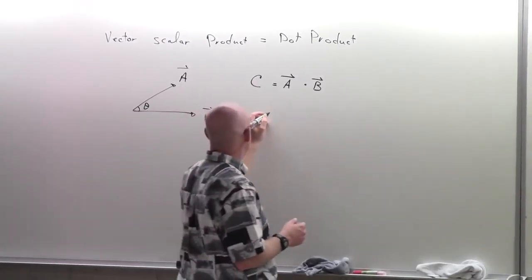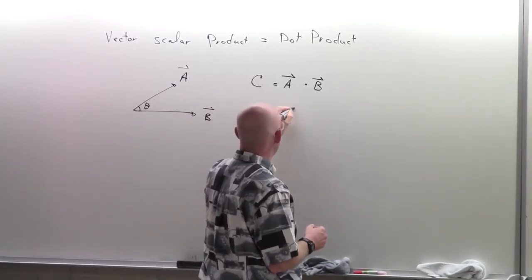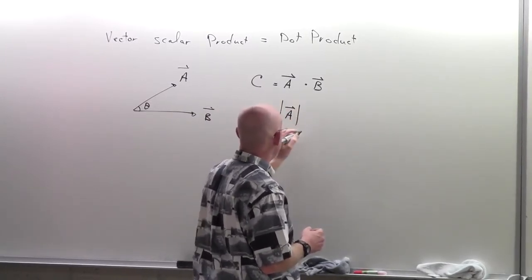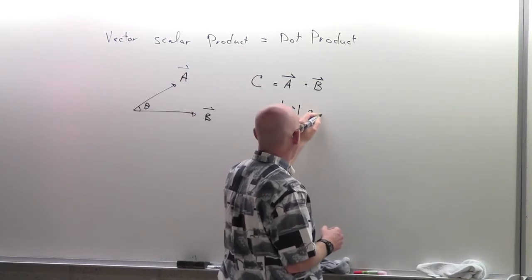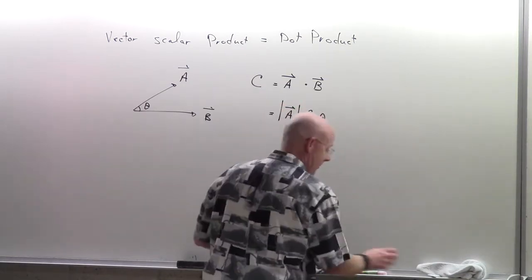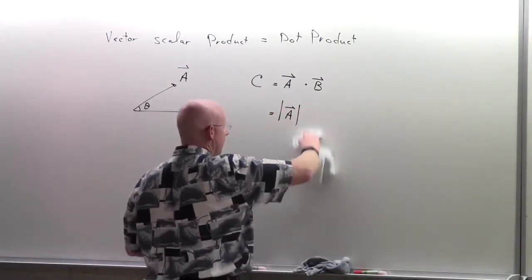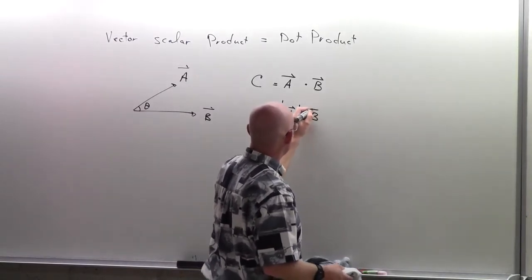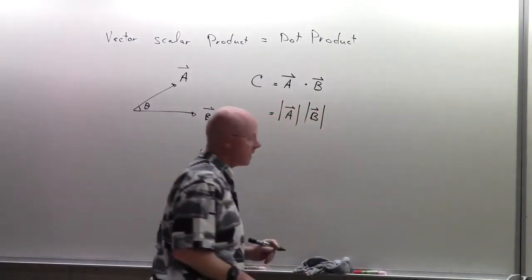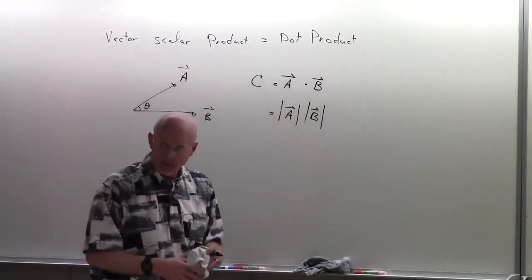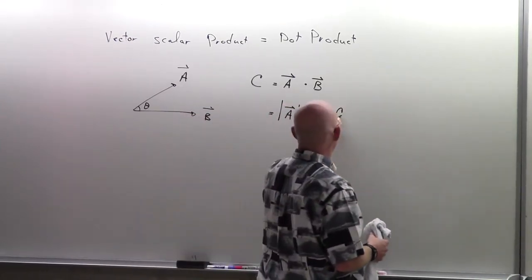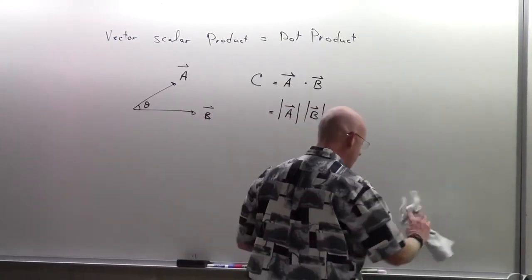And here's what we mean by it. What we mean is you take the magnitude of the first vector A, and maybe I'll put it in the order that you probably saw in your math class, and then you put the magnitude of the second one, B, and then you multiply by the cosine of the angle between them.